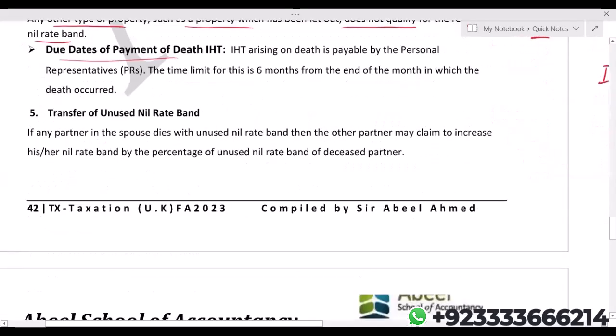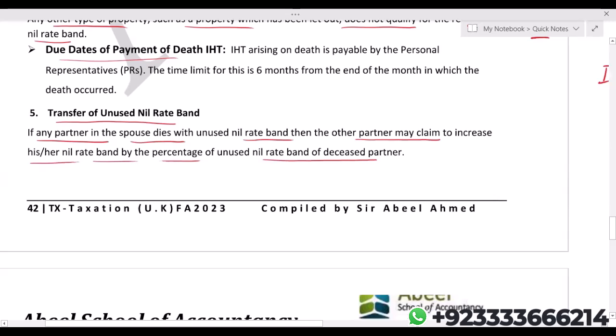There is one more final concept. Transfer of unused nil rate band. If any partner in the spouses dies with unused nil rate band, then the other partner may claim to increase his or her nil rate band by the percentage of unused nil rate band of the deceased person.